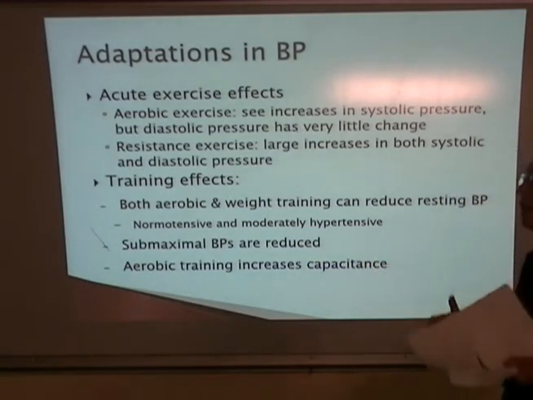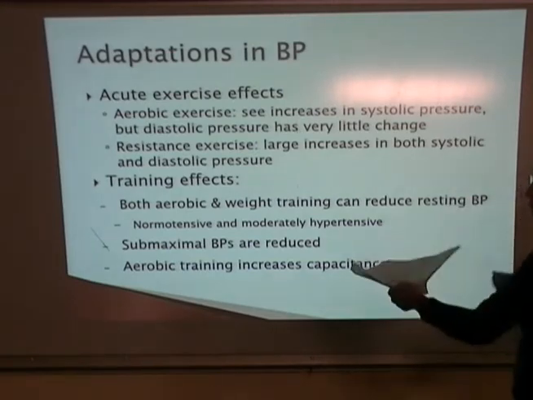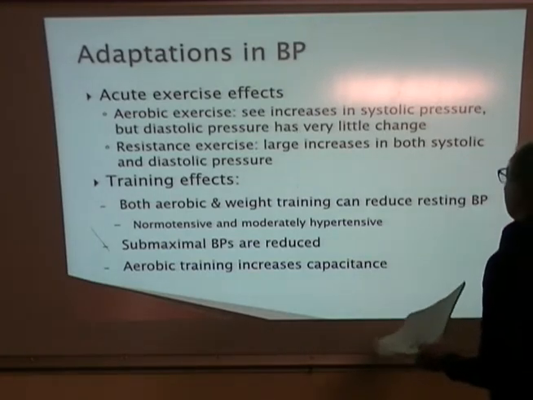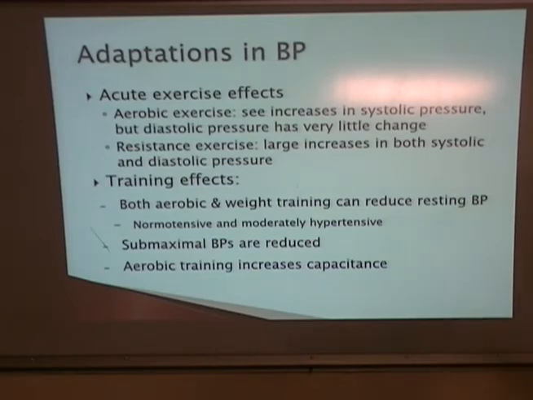If we just get up and go to the gym and do some weight training, then we get very large increases in both systolic and diastolic in relation to the amount of weight that we're lifting. It's been documented: 320 over 250. So that's a huge increase.